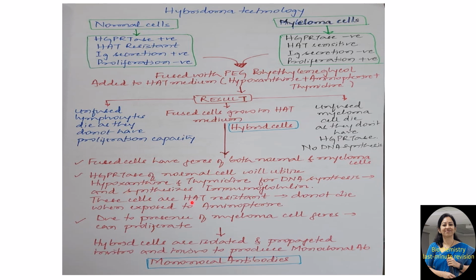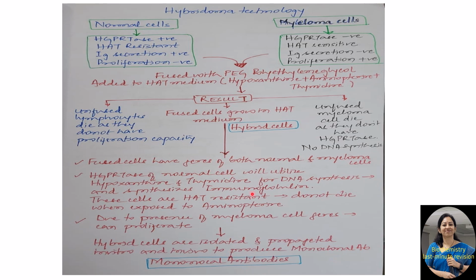And further, these cells are HAT resistant, that is they do not die when they are exposed to this antibiotic, aminopterin. And due to the presence of the myeloma cell genes, these hybrid cells have the capacity to proliferate. So these hybrid cells are isolated and propagated both in vivo and in vitro to produce monoclonal antibodies.